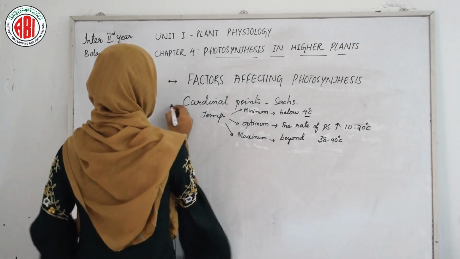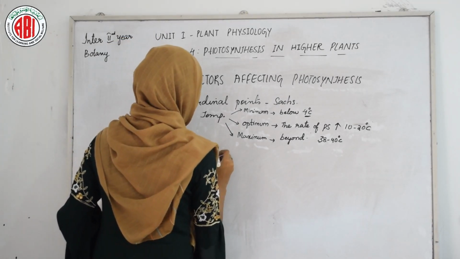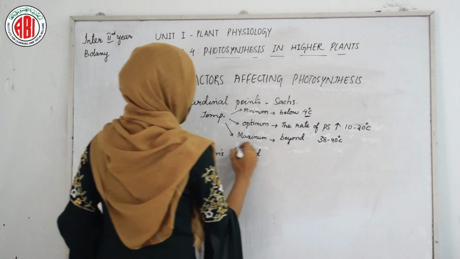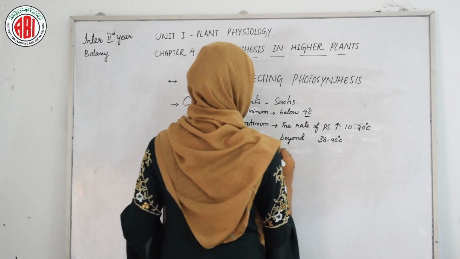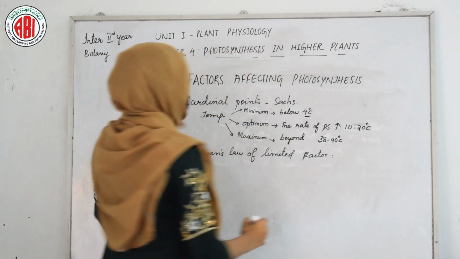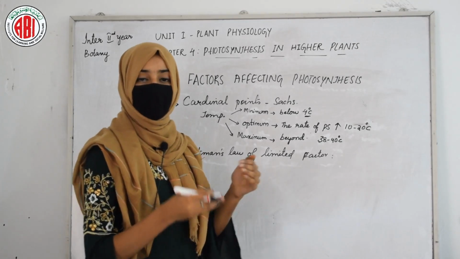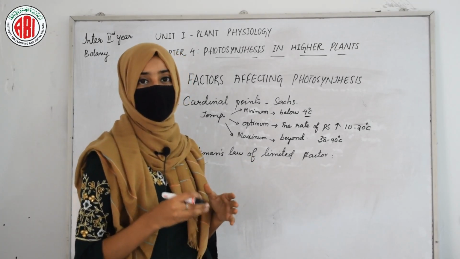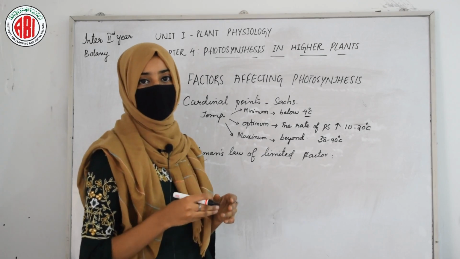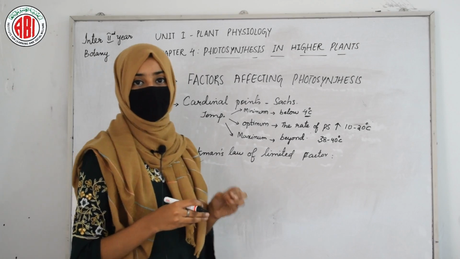The next thing that we need to remember is Blackman's law of limiting factor. According to this law, the factor which is present in its minimum concentration is going to decide the rate of photosynthesis.